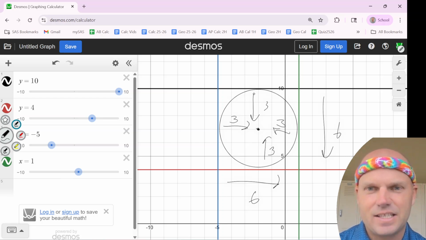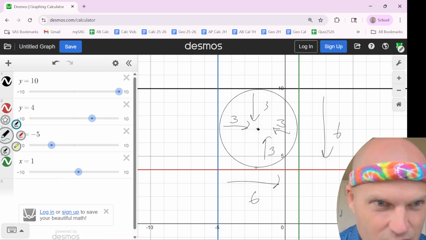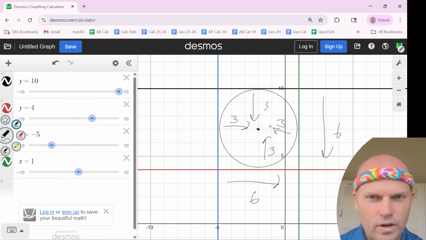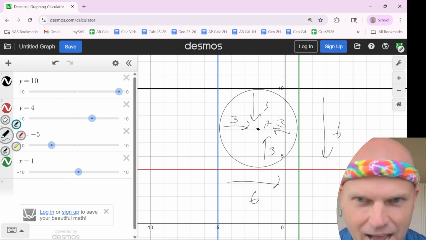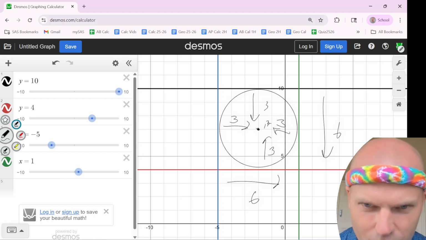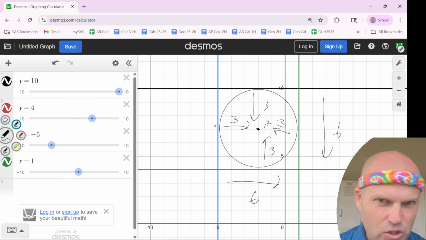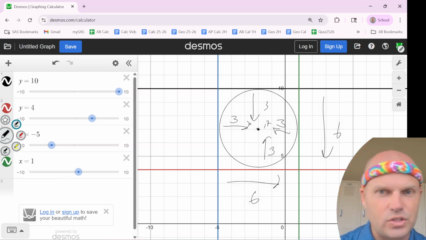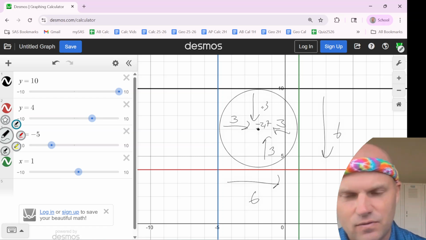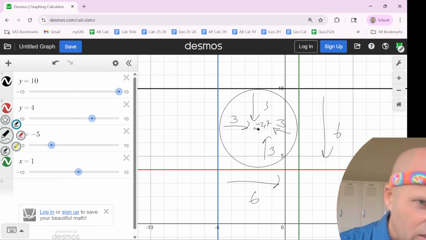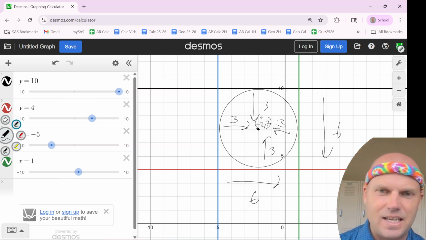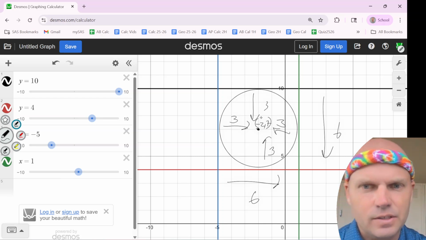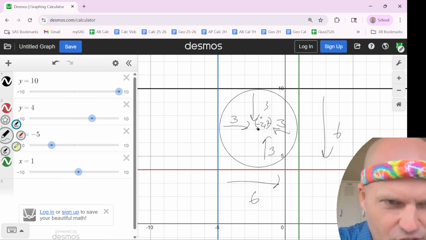If it's 3 up from y = 4, it would have a y coordinate of 7. If it's 3 down from y = 10, it'd be a y coordinate of 7. If it's 3 to the right of x = −5, it would be x = −2. If it's 3 to the left of x = 1, it'd be x = −2. So the center is at (−2, 7).